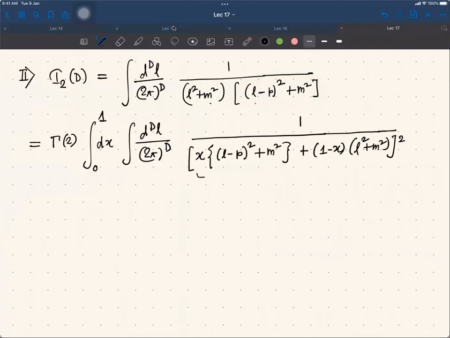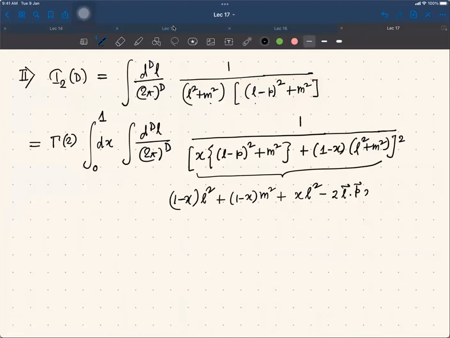Now this, let us manipulate this, massage this a little bit. So this is 1 minus x times L square plus 1 minus x times M square plus x times L square minus 2 L dot P times x plus x times P square plus x times M square.